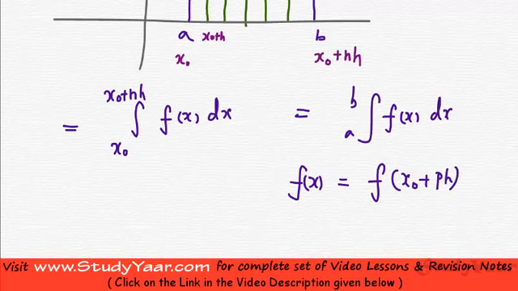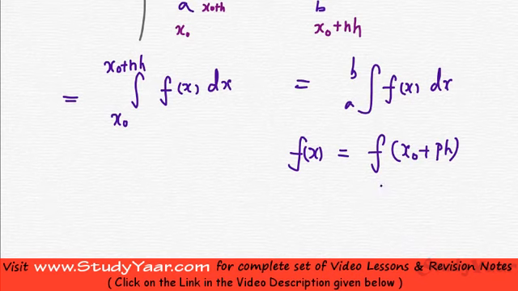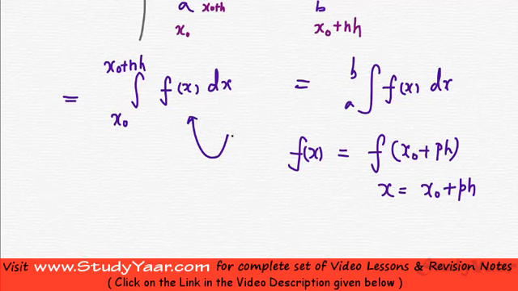So I want to make a substitution x = x0 + ph in this particular integral. When I do that, dx is equal to, since h is a constant, h into dp.